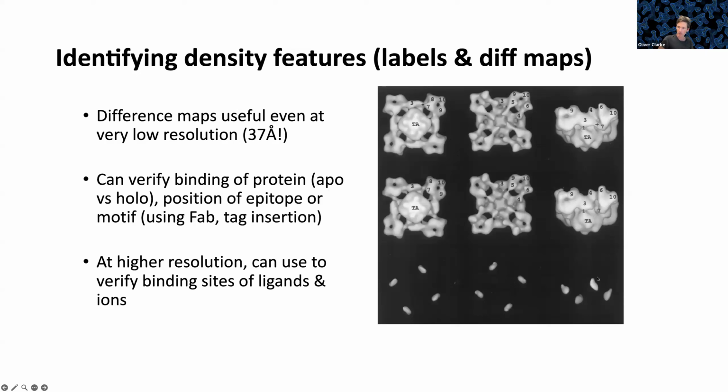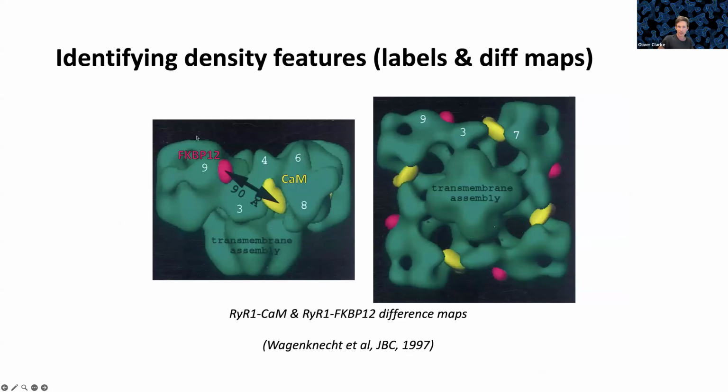But if you subtract these two maps, you get a difference map out, and that allows you to assign the positions of the binding partners FKBP12 and calmodulin, and those actually check out, right?